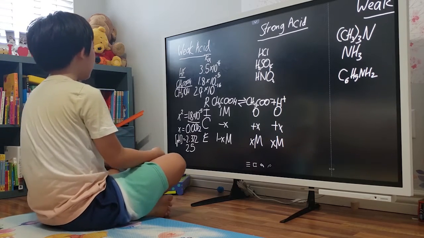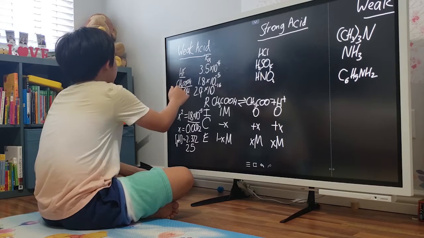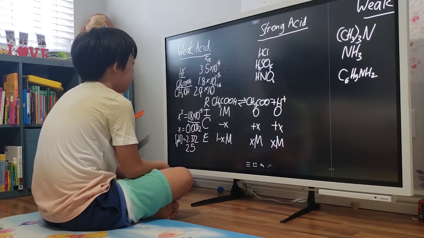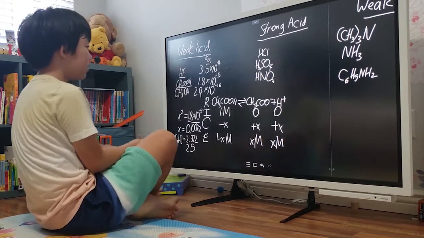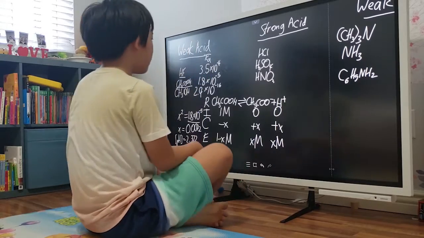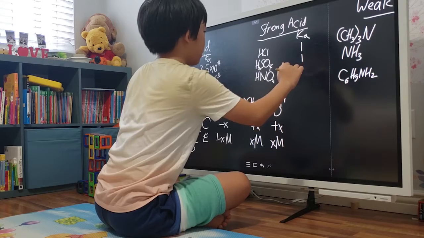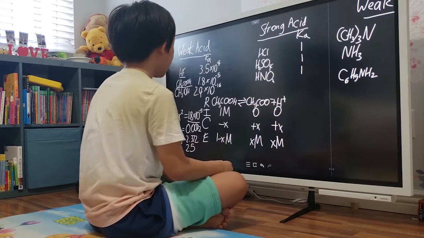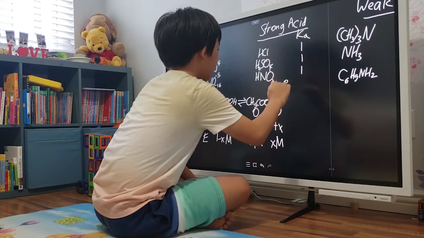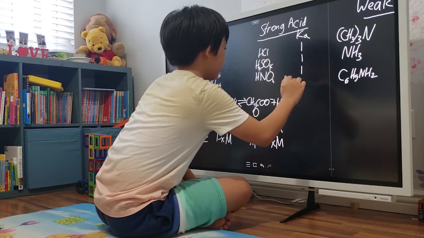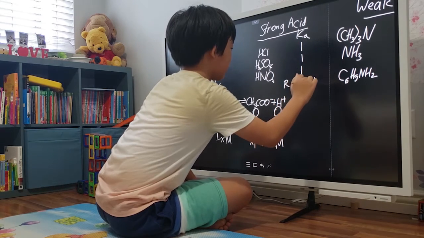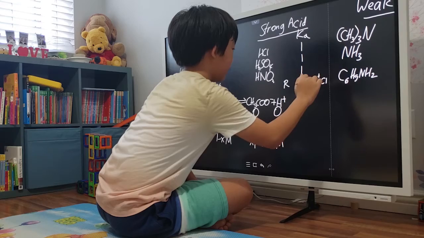Now, you can always do the same for HF and others anytime you want. But right now, let's go on to strong acids. Strong acids, as I said, fully dissociate. So Ka is just 1 for all of these. For example, R would be HCl going to H plus and Cl minus.